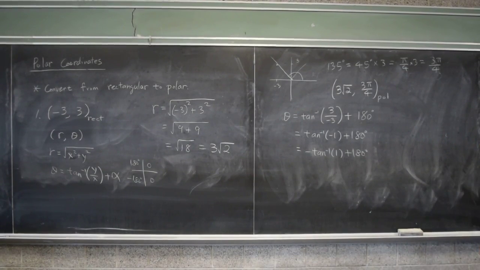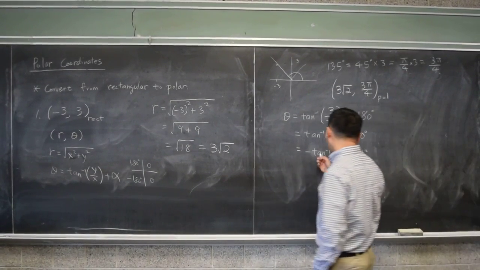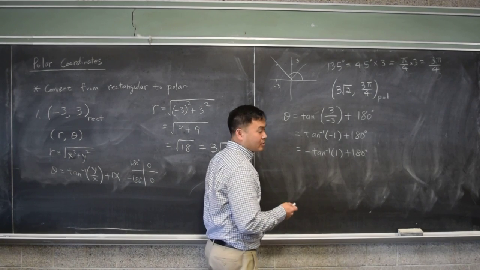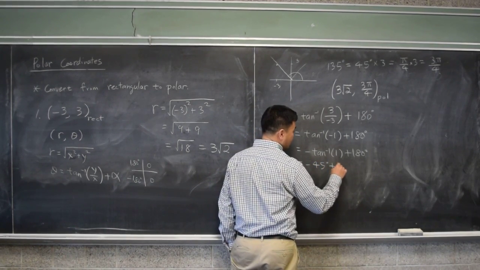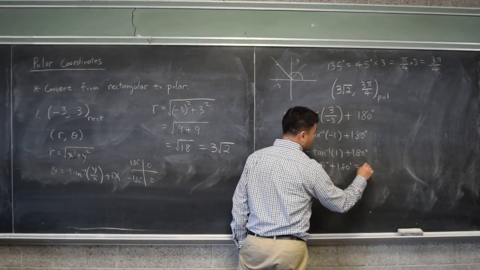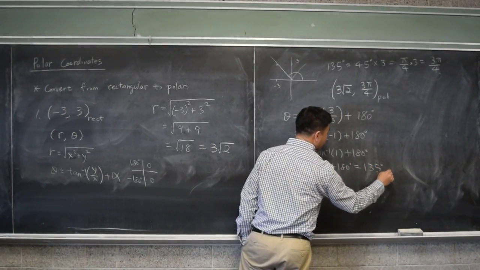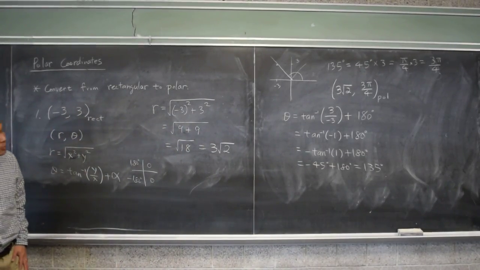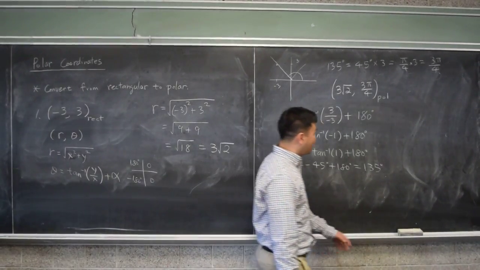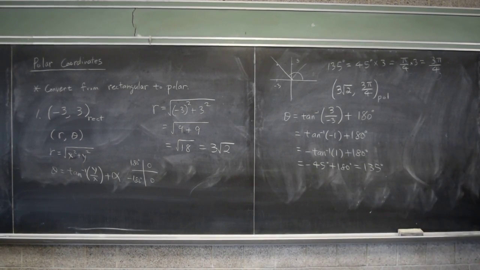All right. So that we know, and then at what angle does tangent become 1? 45 degrees. 45 degrees plus 180 degrees, so we get 135 degrees. So, of course, this formula does work. We can do it this way, but sometimes just drawing the graph is quicker.